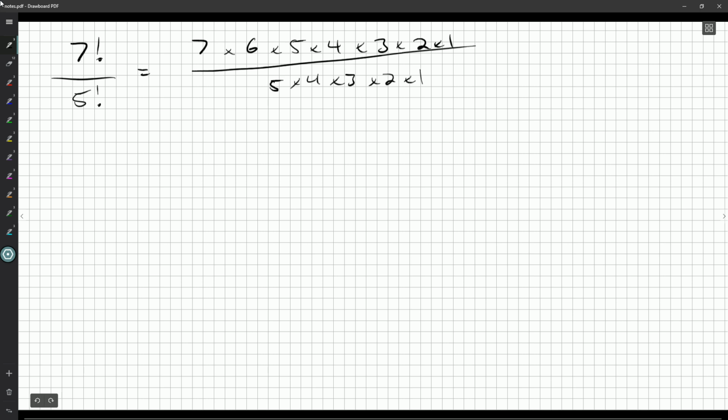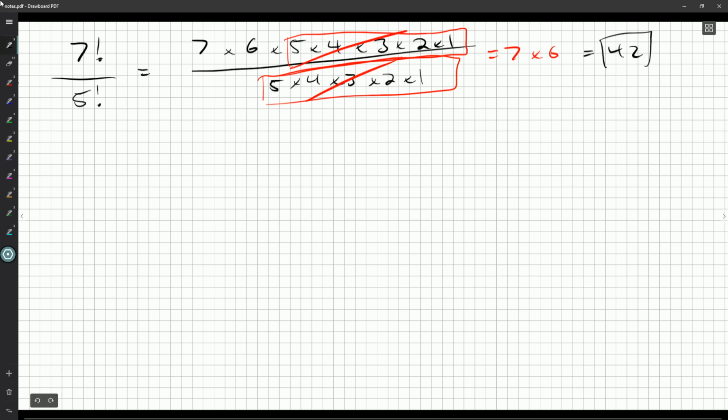Oh look, we've got factors of 5, 4, 3, 2, and 1 here, and we've got another copy of 5 factorial up here, so they just cancel out. We're left with 7 times 6, or 42. So 7 factorial over 5 factorial is 42. And that's all we need for that one.